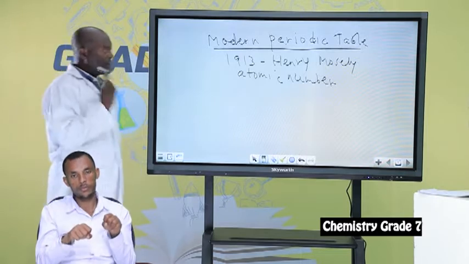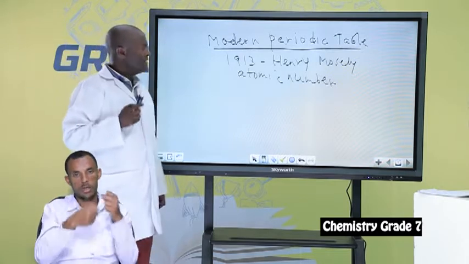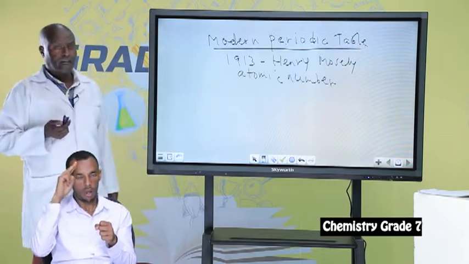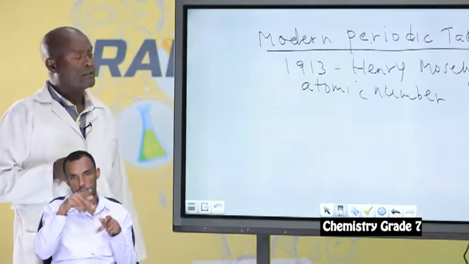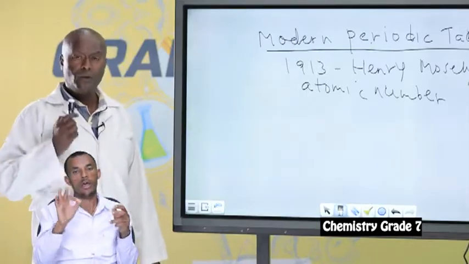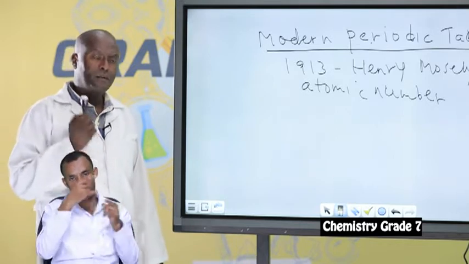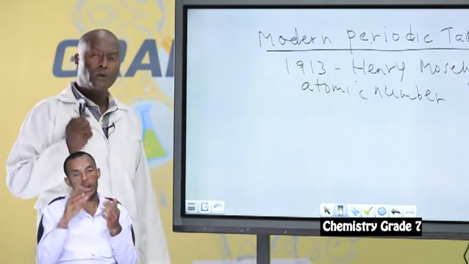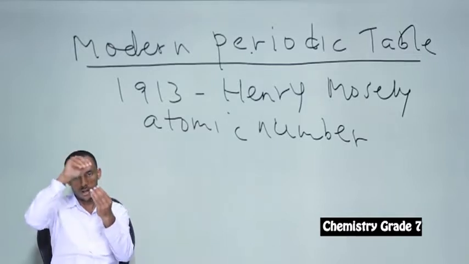So, in the year 1913, Henry Moseley, an English physicist, discovered atomic number. In the modern periodic table, elements are arranged in order of increasing atomic number.